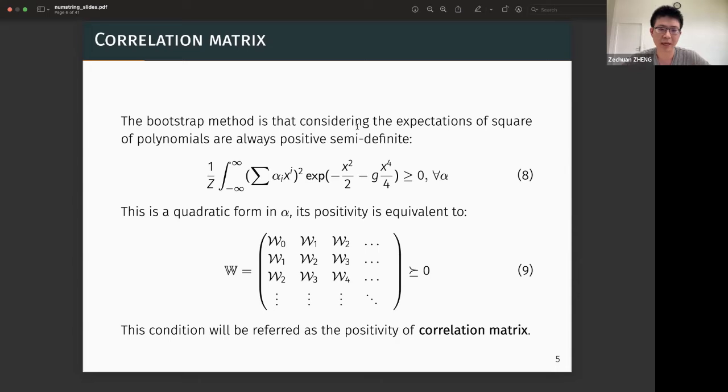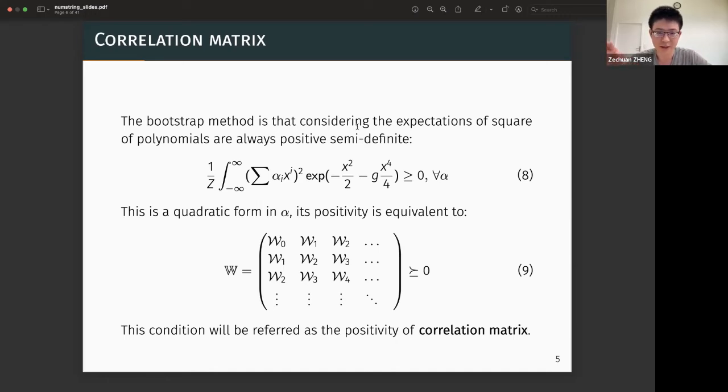We can formulate this condition, equation 8, as a quadratic form in terms of a vector alpha. For any alpha, this is true, which means that this is a positive semi-definite quadratic form, and the matrix in the middle of the quadratic form must be positive semi-definite. So this is equation 9. This is the matrix in terms of all the moments of the partition function.